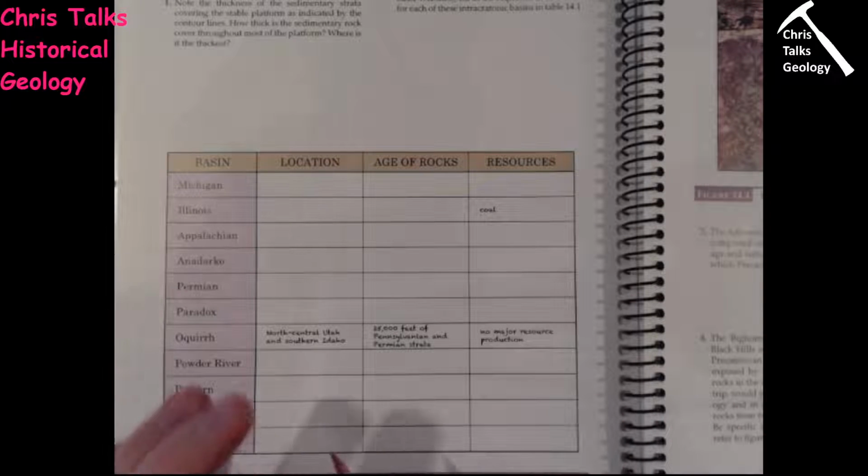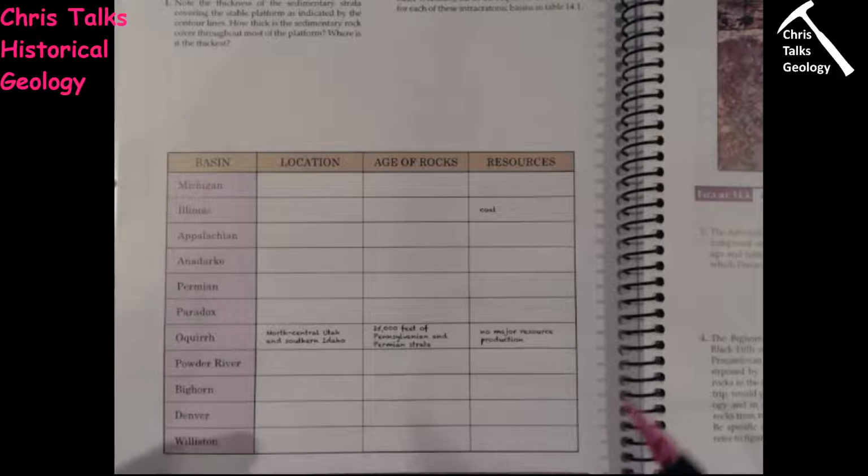The reason you're doing this is to let you know just how important these Precambrian rocks and the basins that sit on top of them are when it comes to the resources of North America. So the shield and the platform are extremely important economic areas for the United States and North America as a whole.